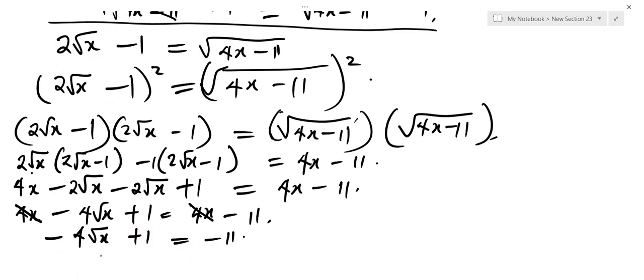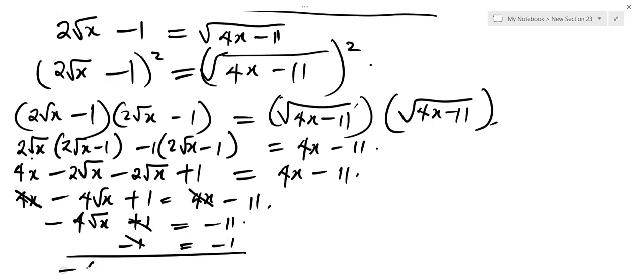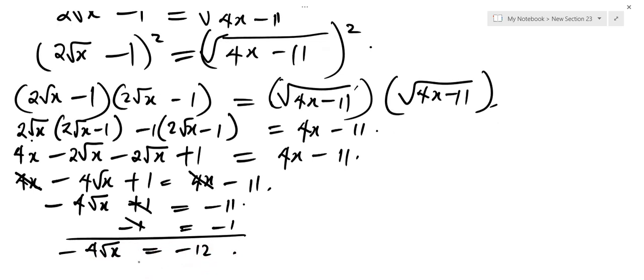Now let's add minus 1 to both sides. If you have minus 1 on both sides, this will go out. You are now left with minus 4 square root of x is equal to minus 12.